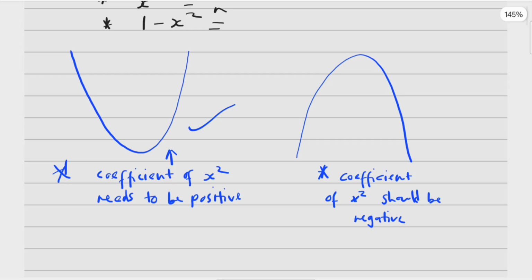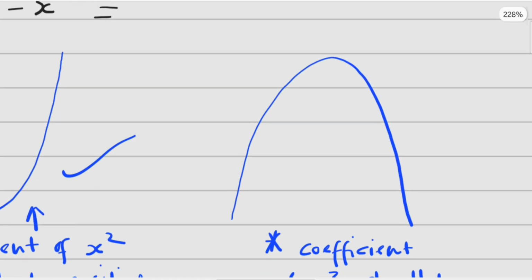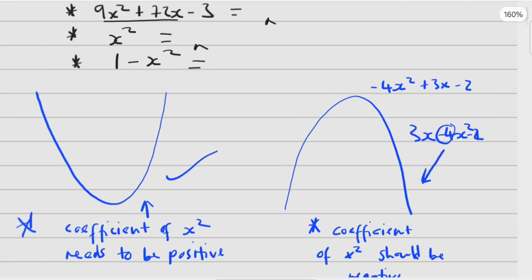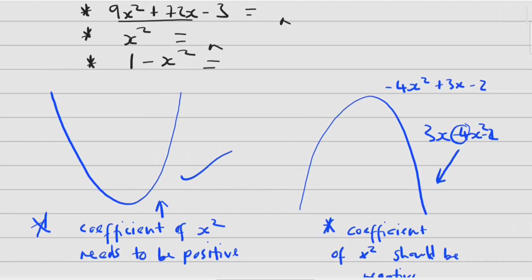So if we're having a quadratic expression with a negative coefficient of x squared, for example, minus 4x squared plus 3x minus 2, or we can write it as 3x minus 4x squared minus 2, this will give us a shape like this, right? But keeping in mind that the graphs are always parabolas.